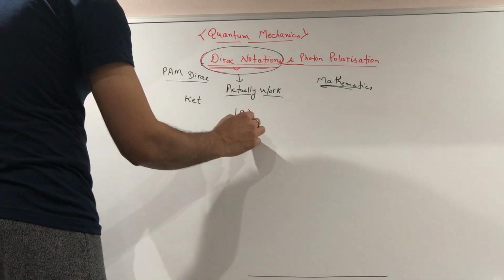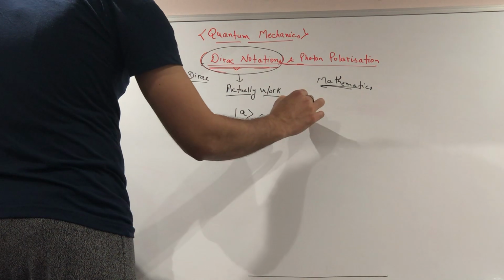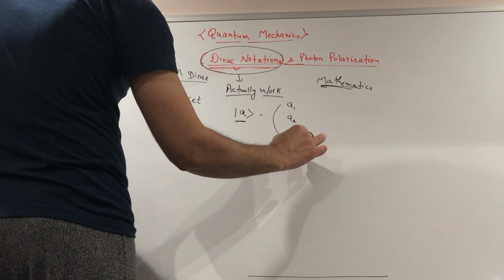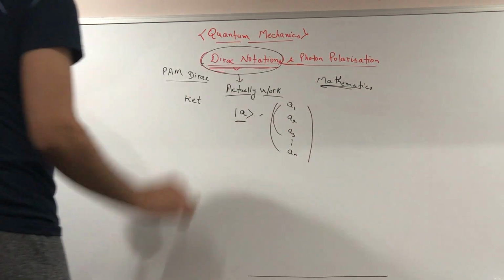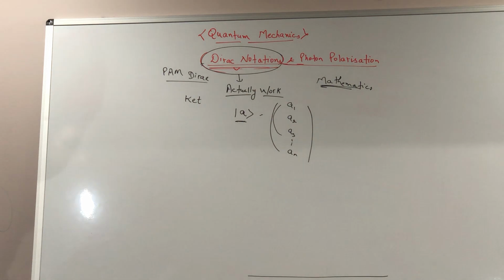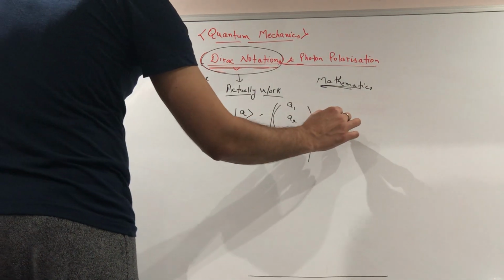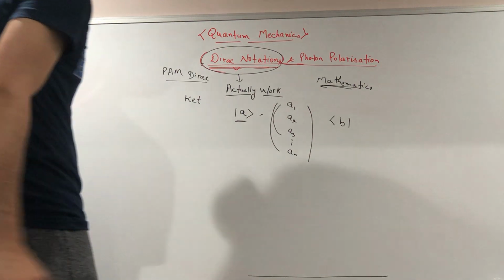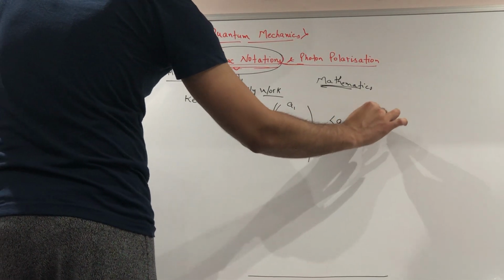So a ket vector is in the form of a matrix, and that matrix is a column matrix. It has a number of elements starting from A1, A2, A3 and so on. Its adjoint matrix, which is known as a bra matrix, is represented by this. How do we define that?